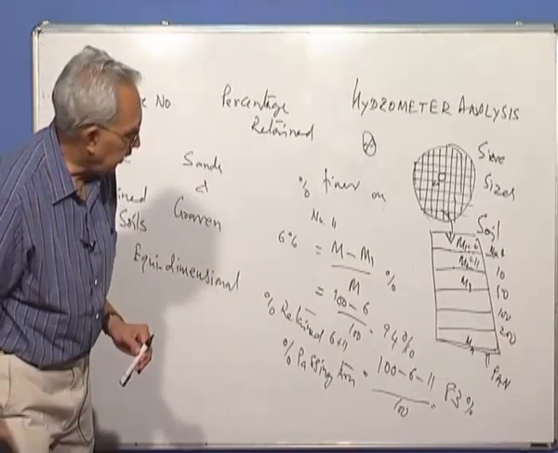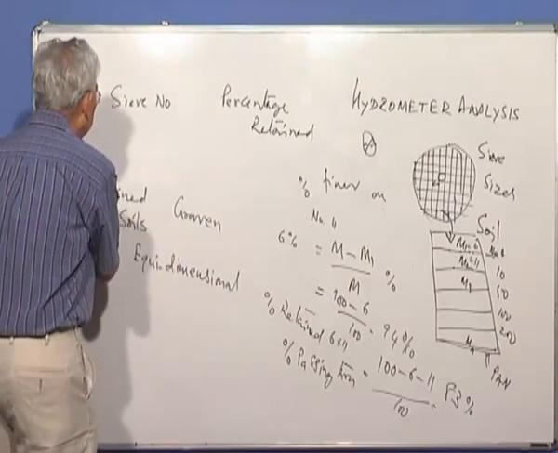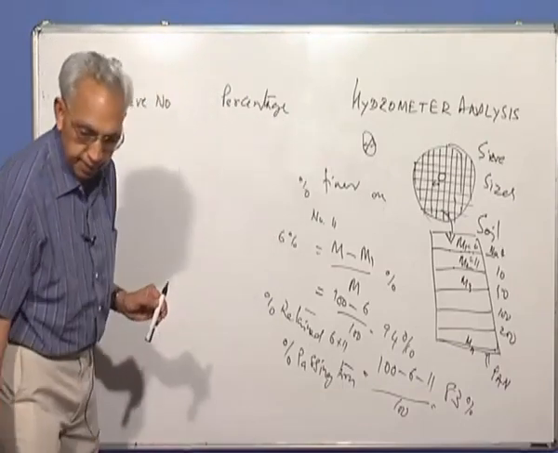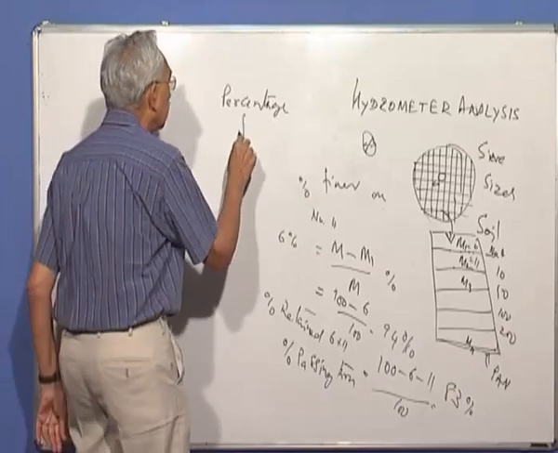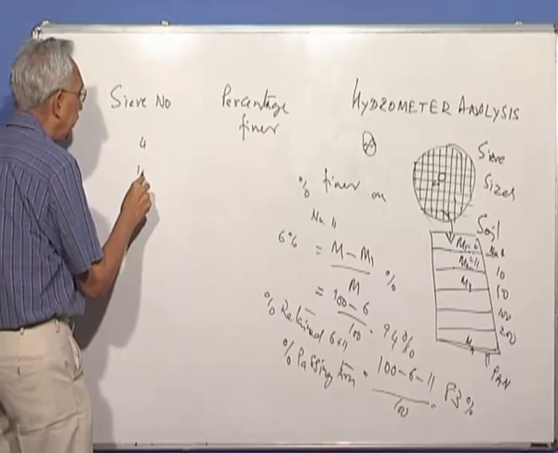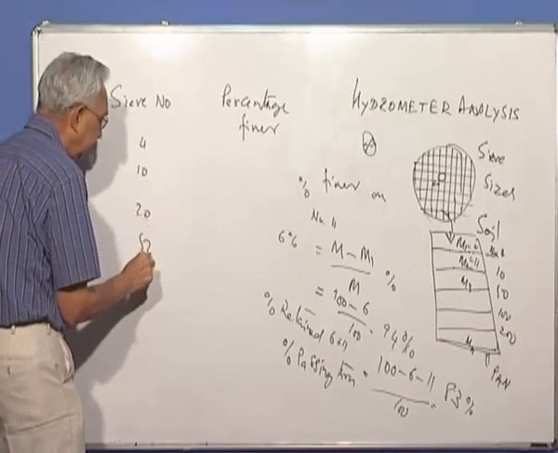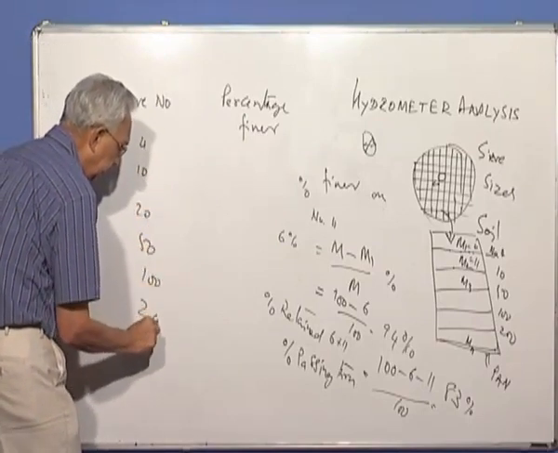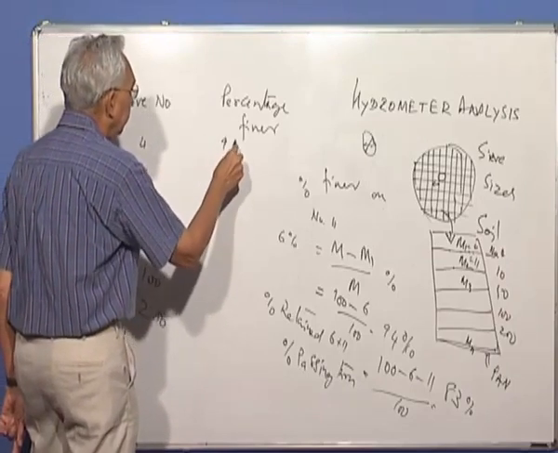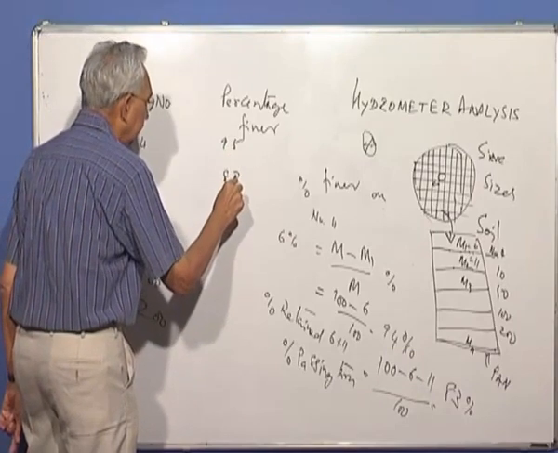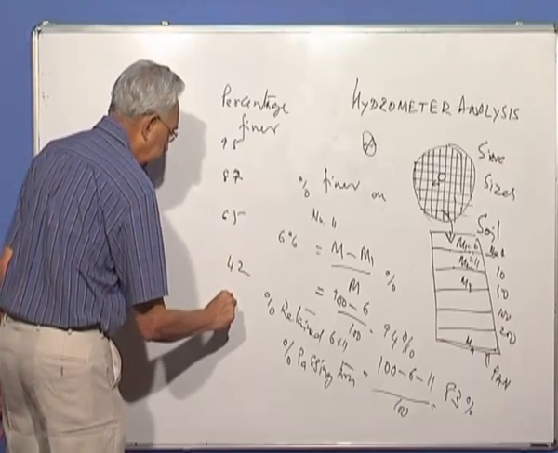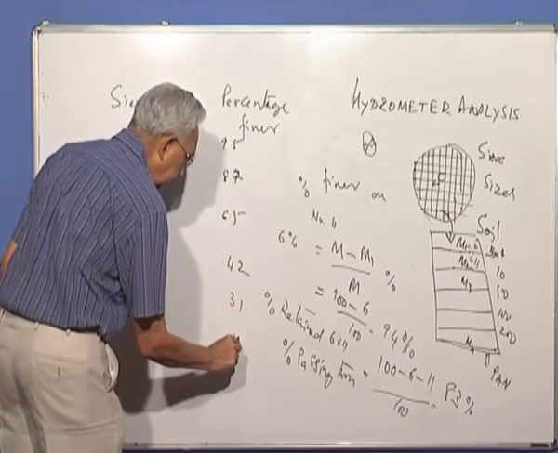So I can have a table now. Shall I say percentage finer? I can have sieve number 4, 10, 20, 50, 100, 200. Everything passes through, so it may be something like 95, 87, 65, 42, 31, maybe 18.